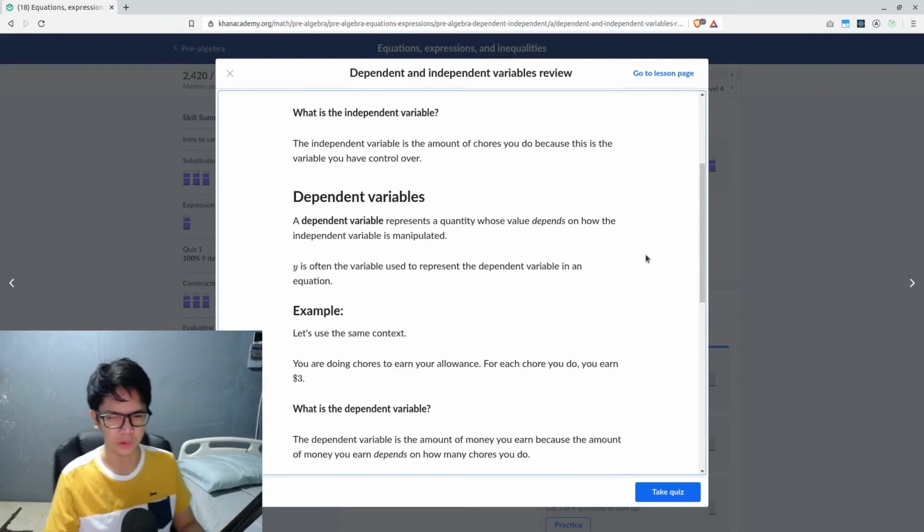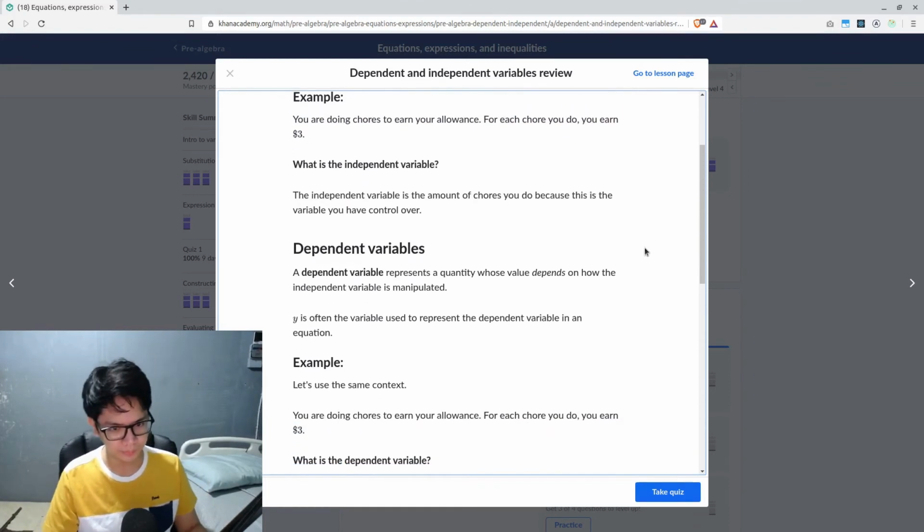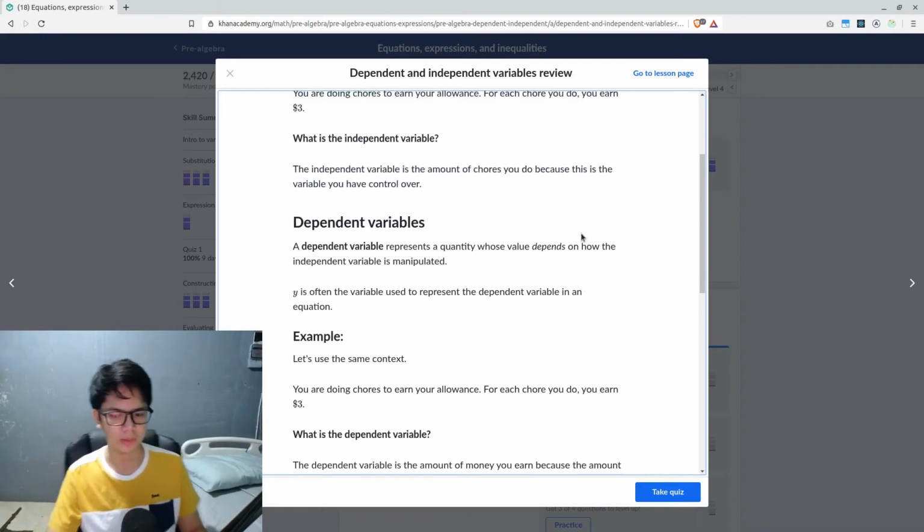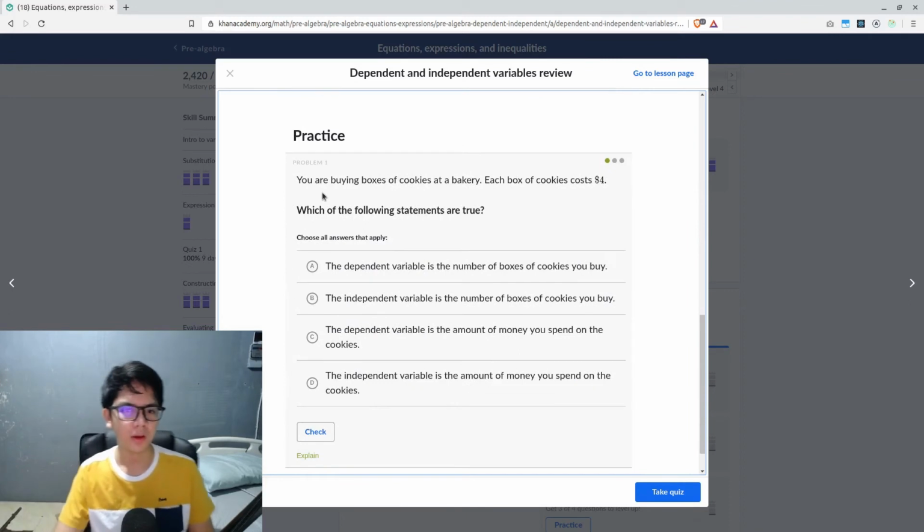That's confusing. The dependent is the amount of money you earn, because the amount of money you earn depends on how many chores you do. Okay, you're buying boxes of cookies at a bakery. Each box costs $4.